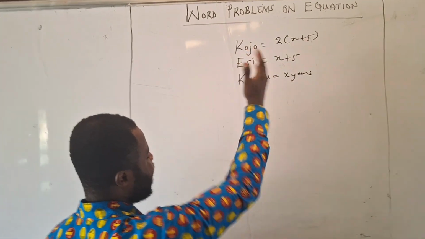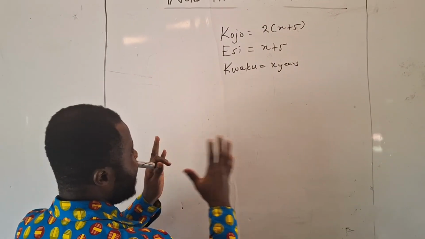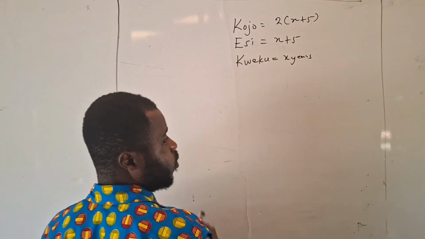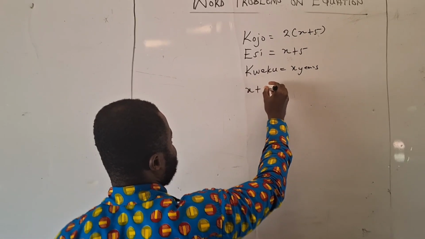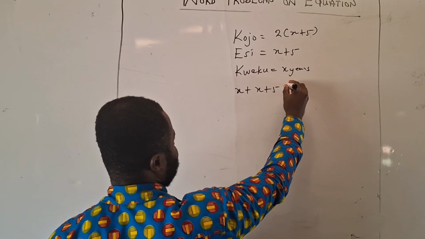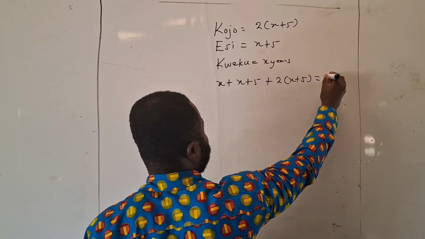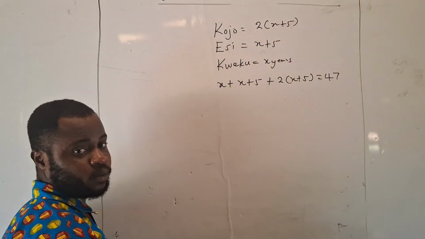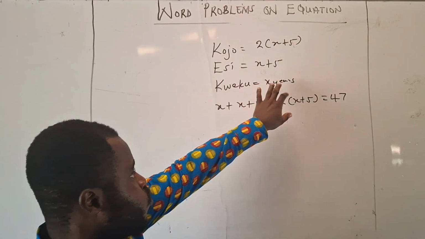And the sum of their ages is 47. So we are going to write an equation for them and find their ages. So we are going to have x plus x plus 5 plus 2 times x plus 5, all equal to 47. The sum of their ages. The younger one is Kweku.